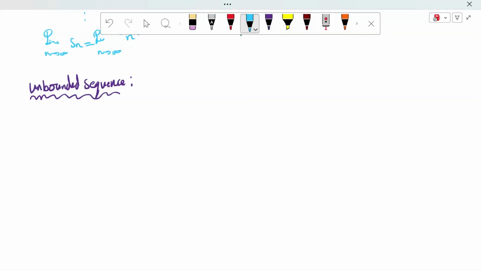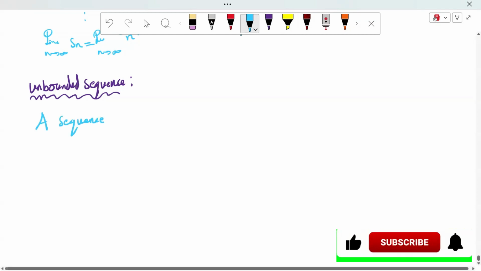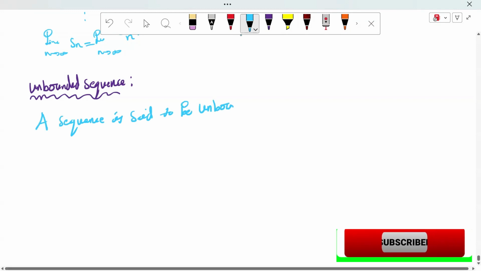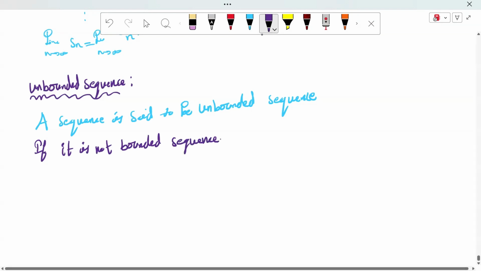A sequence is said to be unbounded if it is not a bounded sequence.